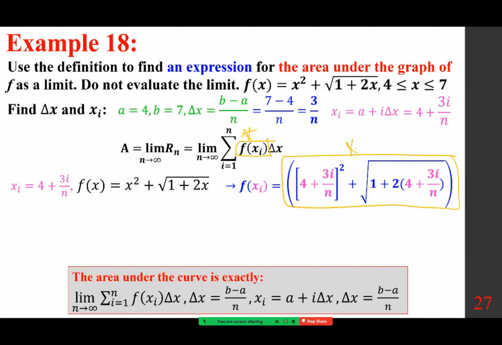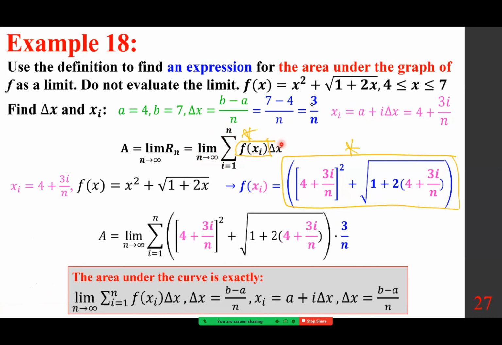We have this part. So we are going to write the limit as n goes to infinity of the summation from i equals 1 to n. f of x sub i, we replace it with f of x sub i. Delta x, we replace it with delta x, 3 over n.